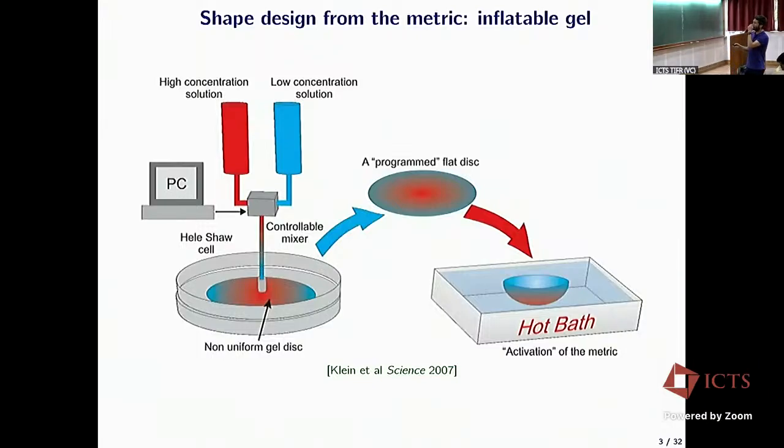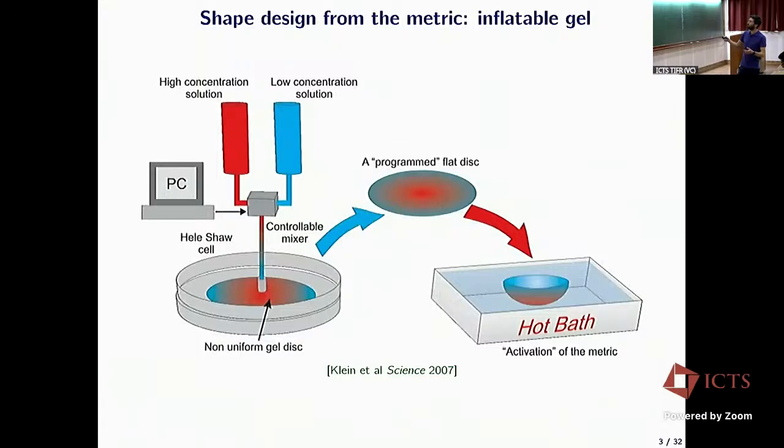So this is one way to get it. You have a gel that can expand when you put it in a solvent, and it can expand in a controllable way. Here the gel is made from a mixture of two solutions, and one expands more than the other, so that the expansion is not uniform.